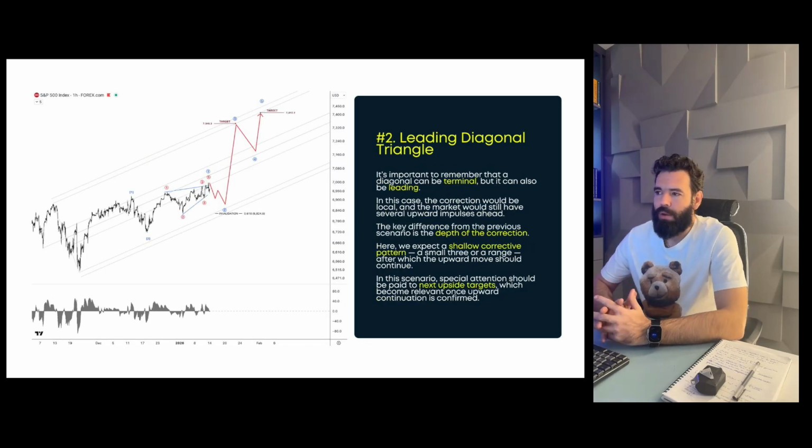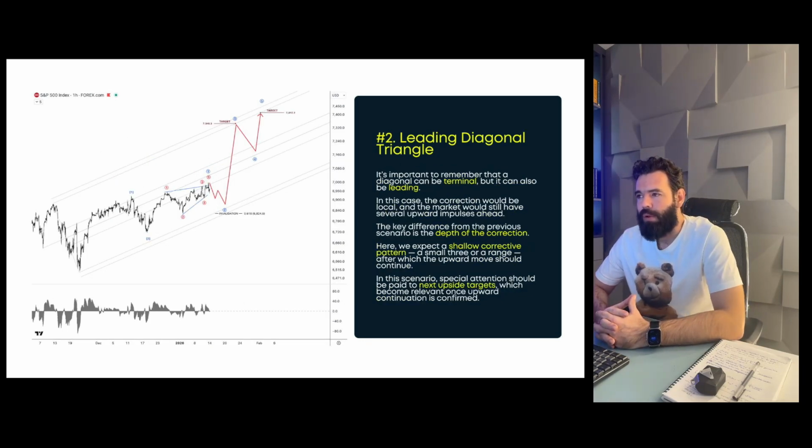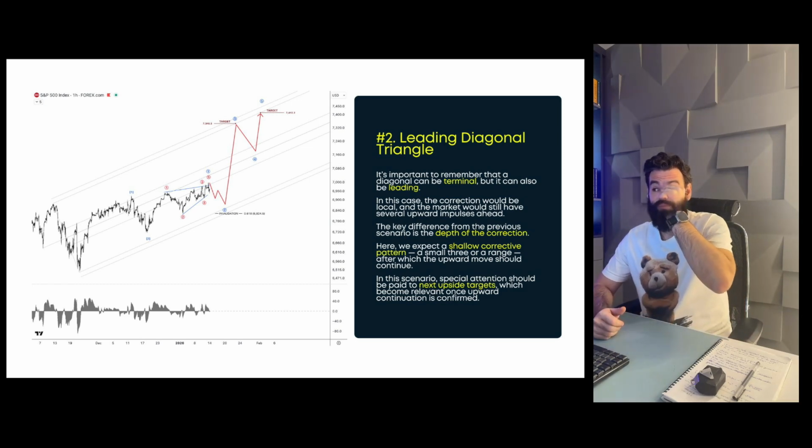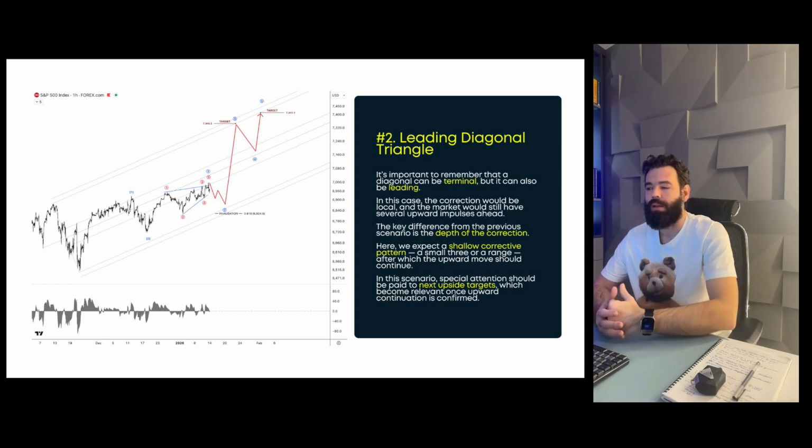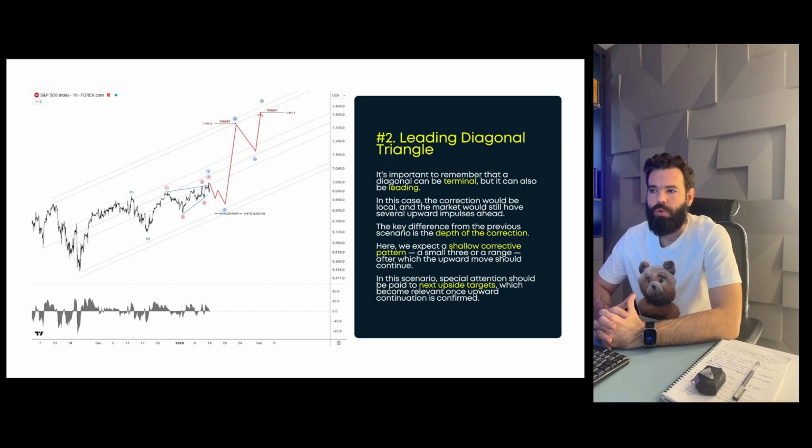The second scenario, friends, tells us about the possible continuation of the upward trend. And it's important to remember that a diagonal can be not only an ending one, but also a leading one. If there is a series of initial impulses in the market, then this means the beginning of the development of Wave 3. The key difference from the previous scenario is the depth of the current correction, which will appear in the near future.